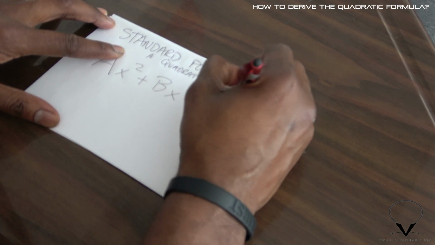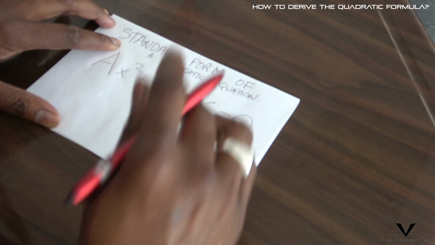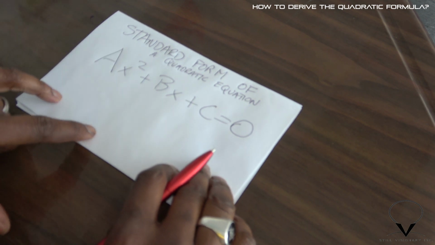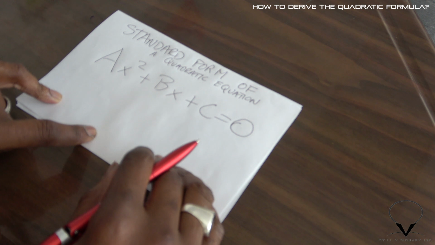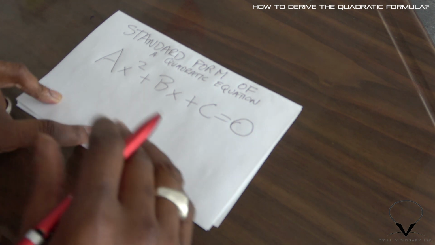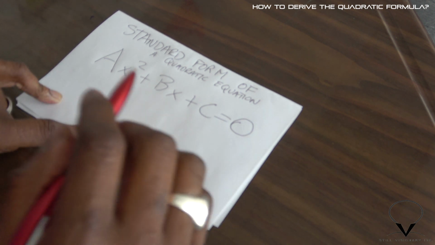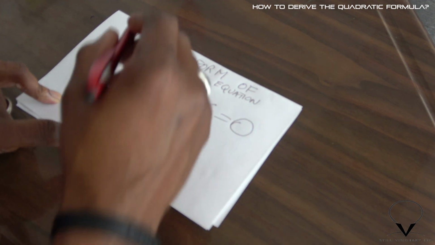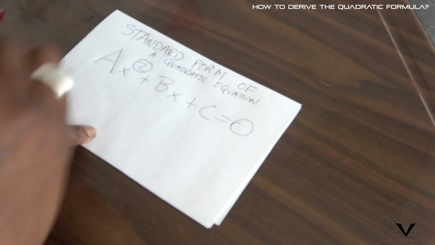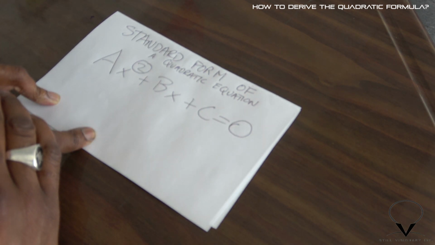Now, a couple of things about quadratics you need to understand: a quadratic is a nonlinear figure with one turning point. And what makes a quadratic is this 2 right here. Anytime you have that 2 that's squared, you have a quadratic.